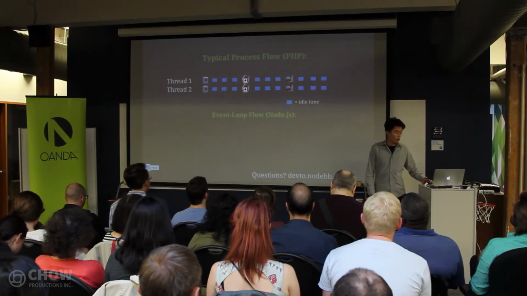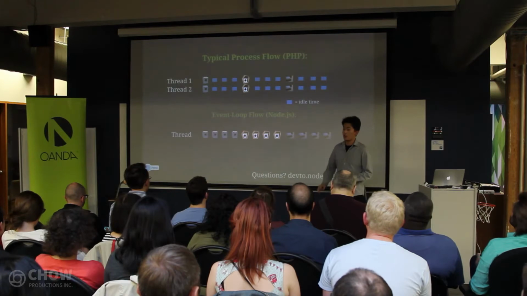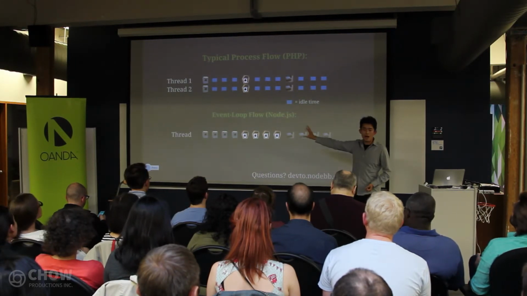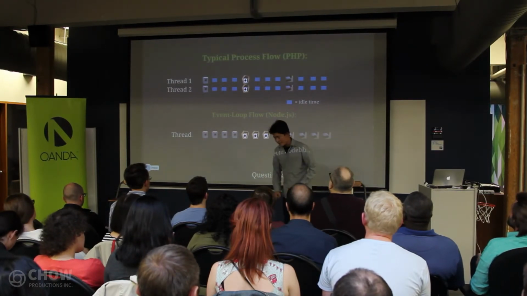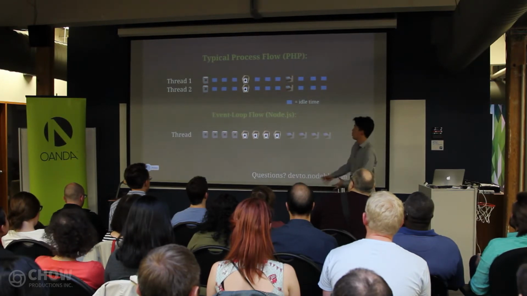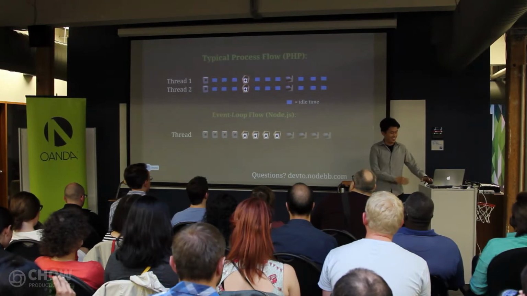In Node, we can just keep throwing things into the washing machine as long as we have a washing machine to throw stuff into. So you can see there's no idling happening here because Node will think, okay, I'm going to load the washing machine, and I'm done with that. And while it's running, I'm going to load another washing machine, and a third washing machine, and so on. And basically, you can handle more than a typical server.